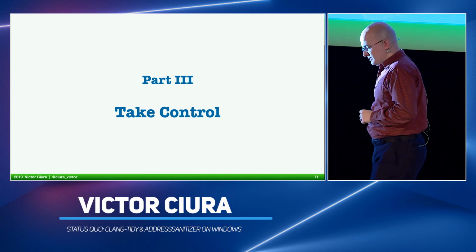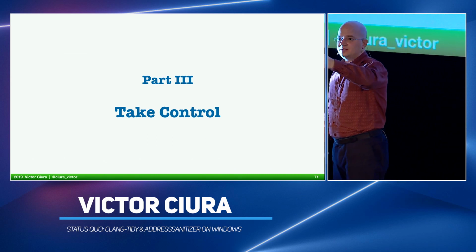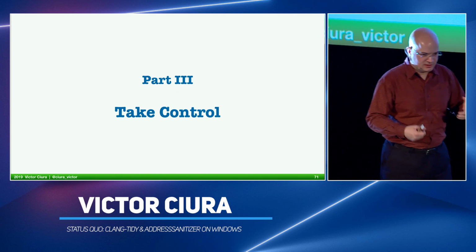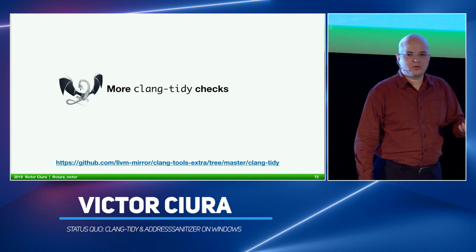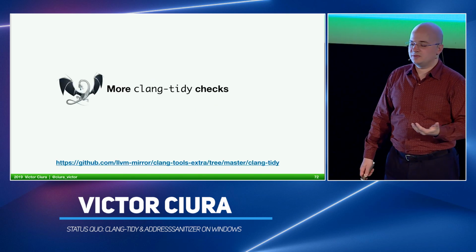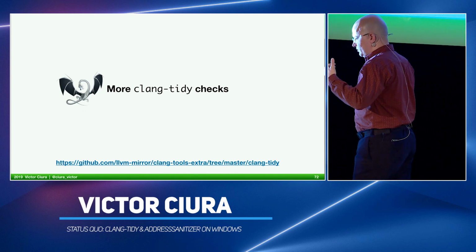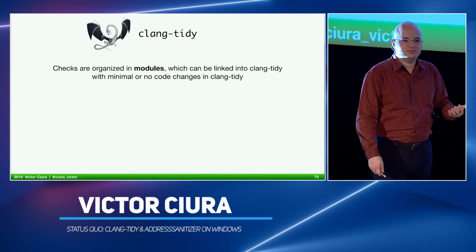Now, let's talk about taking control, and referencing the previous question on building checks. The obvious next phase is you want more checks. You can never have enough. So you want to build your own modernizers, doing your specific project code transformations, and you have to learn how to use that.